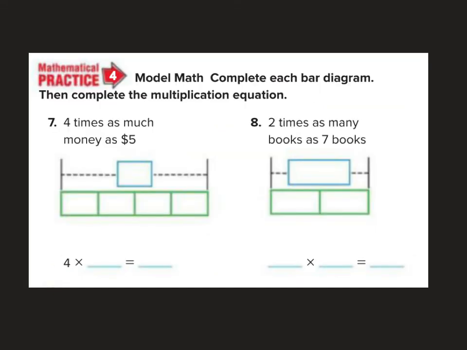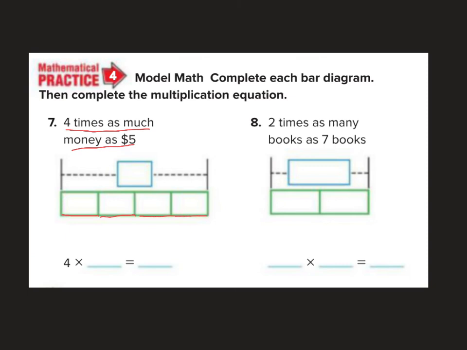Okay, lastly here, we've got some practice math. This must be the back of your homework. So here we go. Complete each bar diagram, then complete the multiplication equation. 4 times as much money as $5. I notice here I have 4 groups.